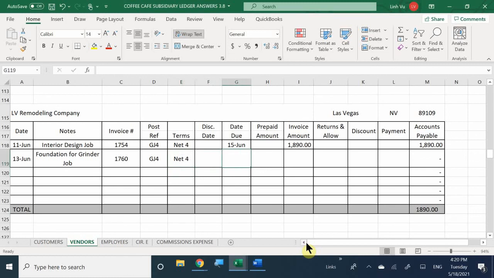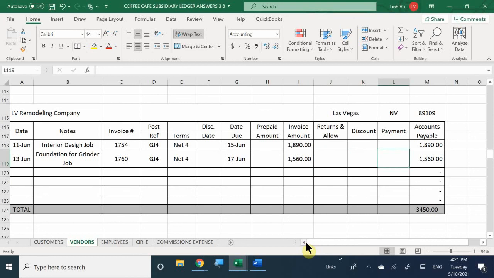So therefore, when is my total bill due? What date is my total bill due? The 17th of June. Once again, no prepaid accounts there. It was for 1560. And here, I'm not going to do any returns, discounts, or payments.